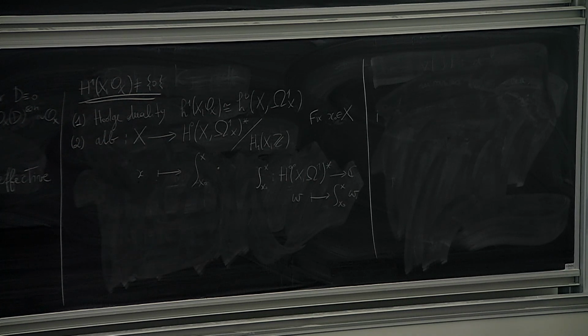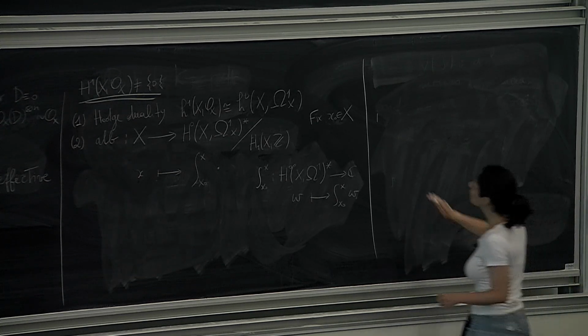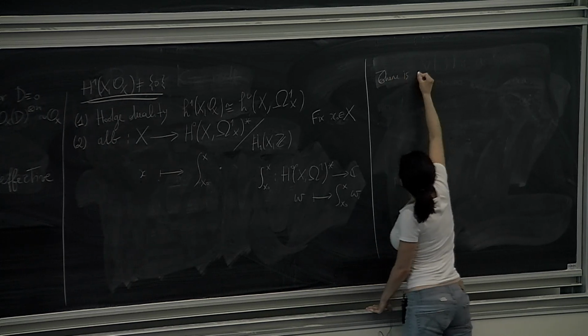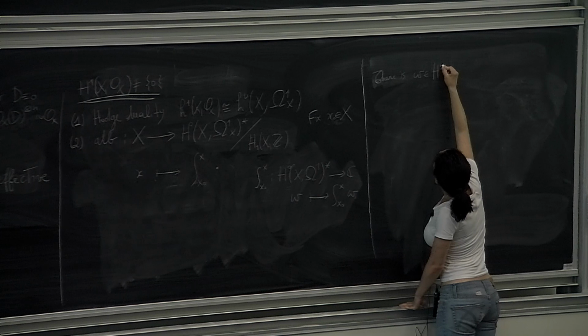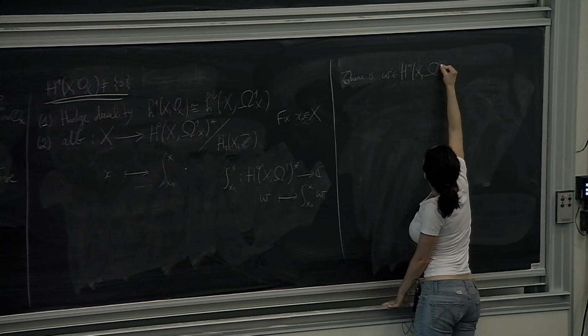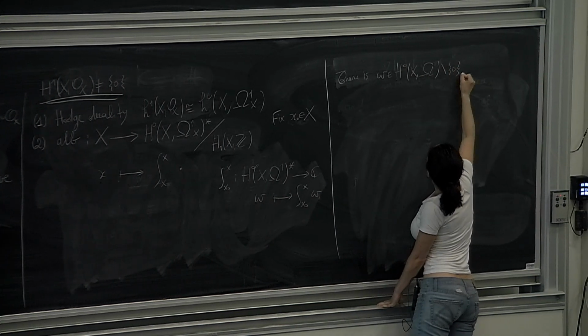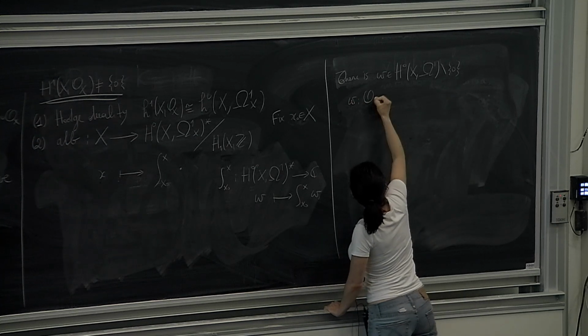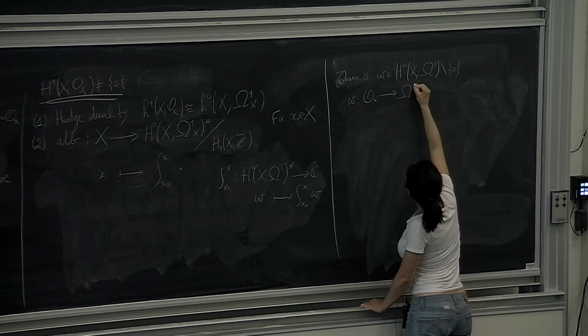And again, there are two cases. So, okay, so there is a non-zero global one form. And so omega is a global section of omega 1.